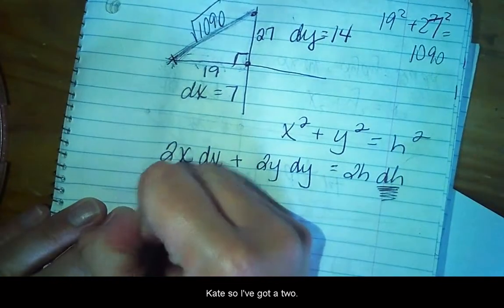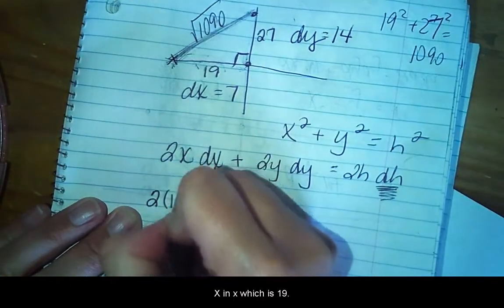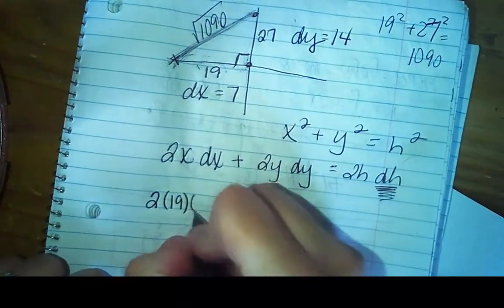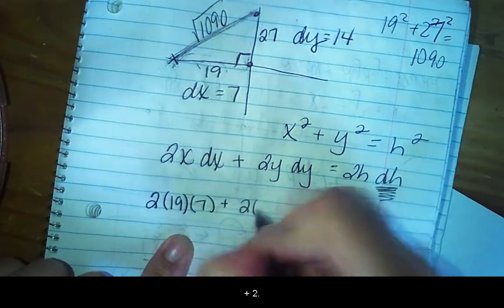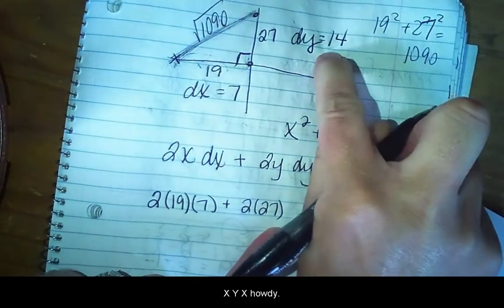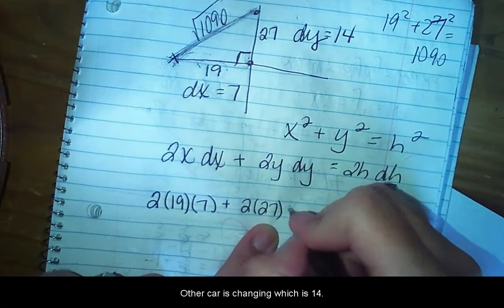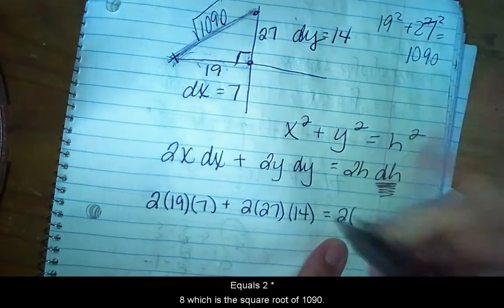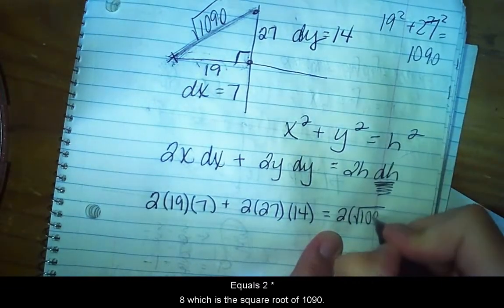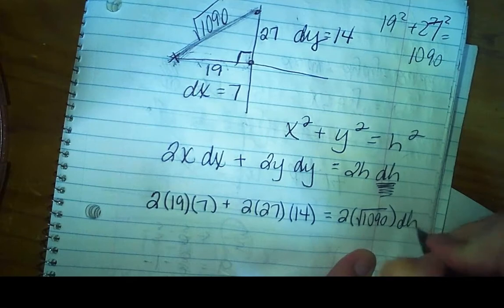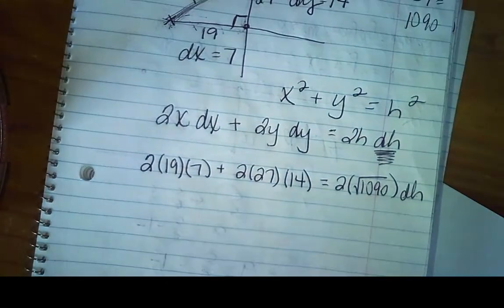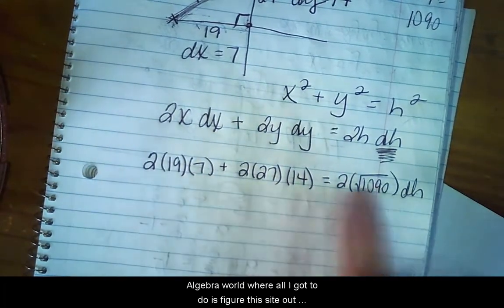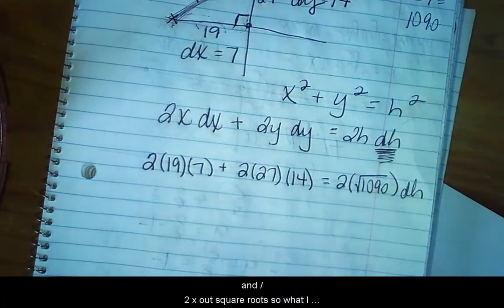Okay, so I've got 2 times an x, which is 19, times dx, which is how x is changing, 7, plus 2 times y, times how the other car is changing, which is 14, equals 2 times h, which is the square root of 1090 dh. And now I'm in algebra world, where all I've got to do is figure this side out and divide it by 2 times that square root.